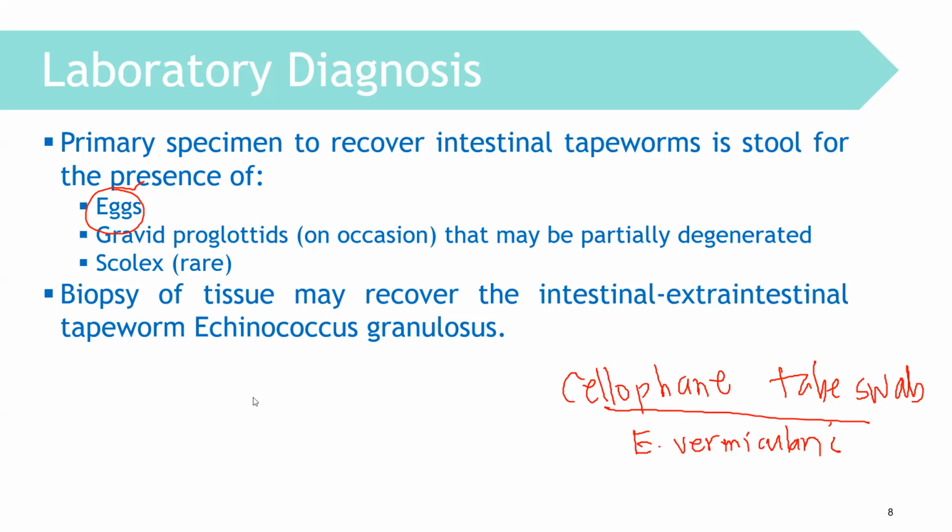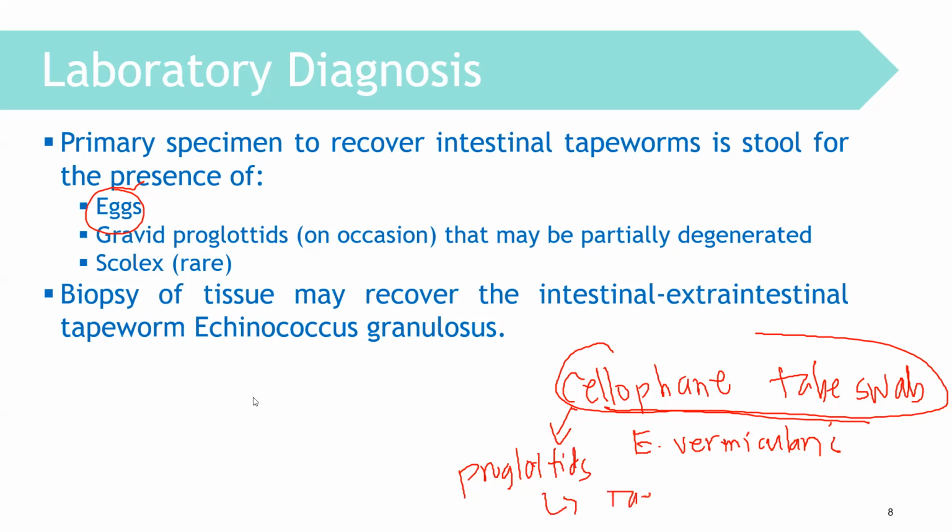But I want you to take note, people of God, that cellophane tape swab can also be useful for the demonstration of the proglottids of Taenia. It can also be used to demonstrate the presence of the proglottids of Taenia.